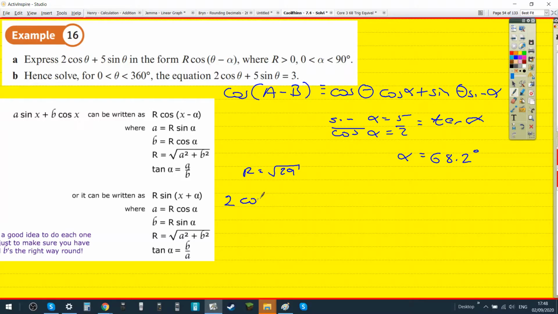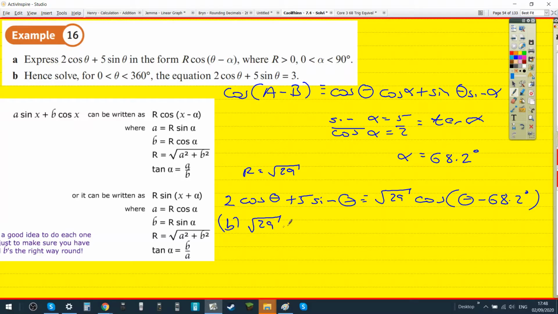And then do we just write that as root 29 cos theta minus 68.2? Yeah, root 29 cos theta minus 68.2. So it equals 3. So root 29 cos theta minus 68.2 is equal to 3.